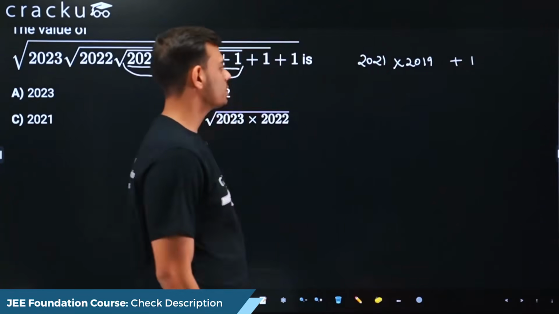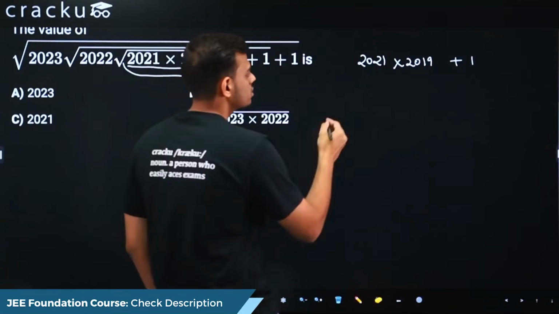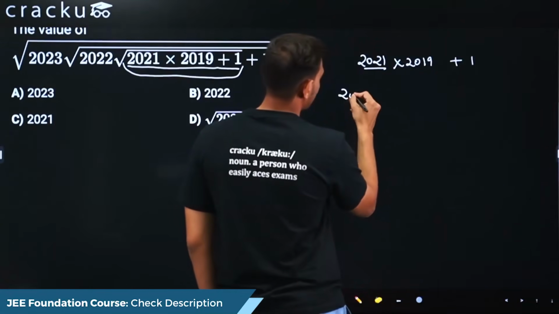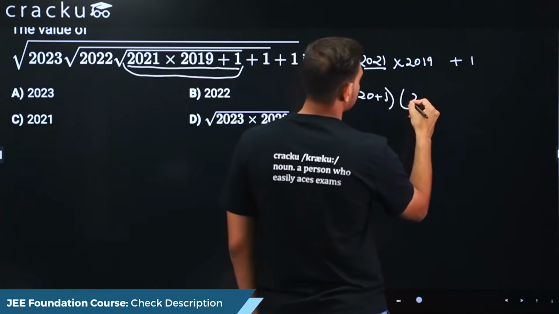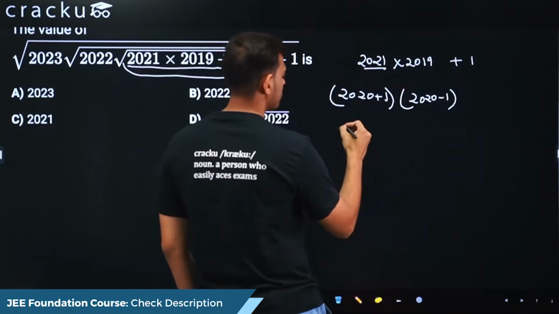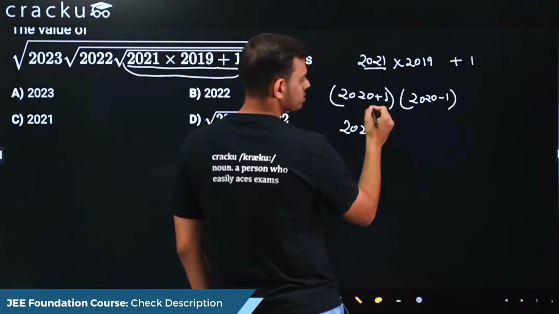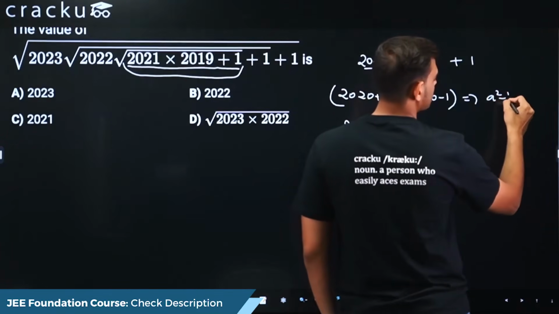Okay, so there is some pattern here. What is it? This could be written as 2020 plus 1, and this could be written as 2020 minus 1. This gives me a plus b into a minus b is a square minus b square.